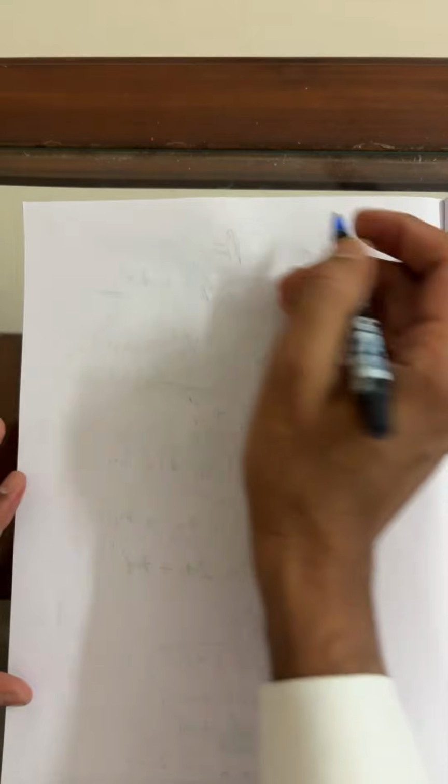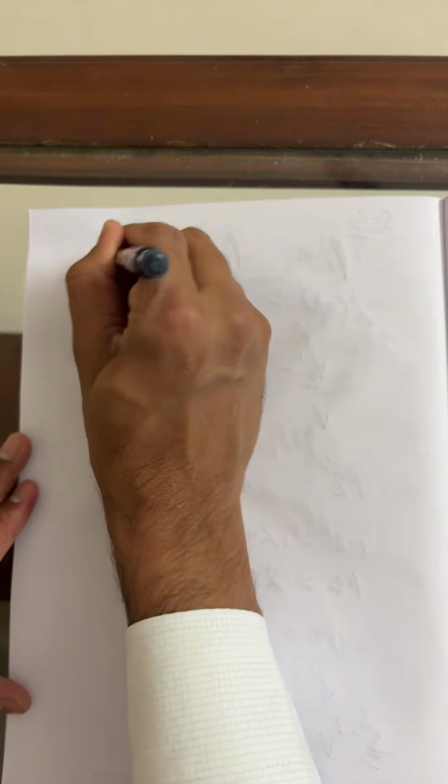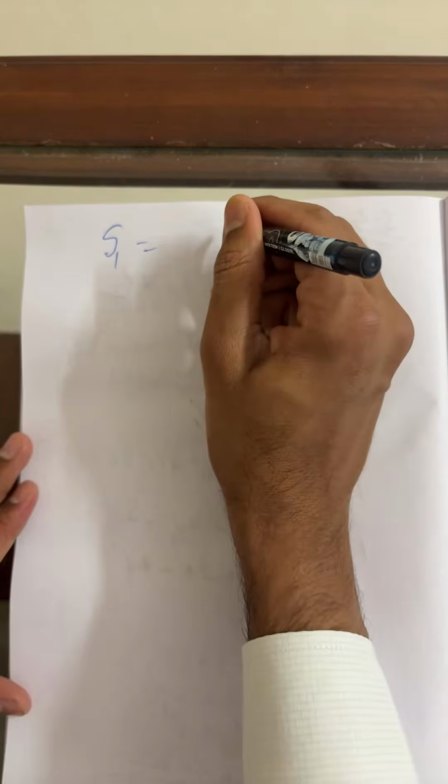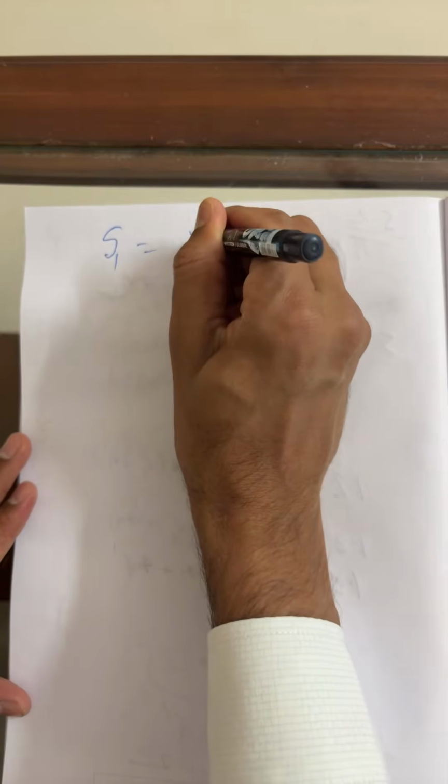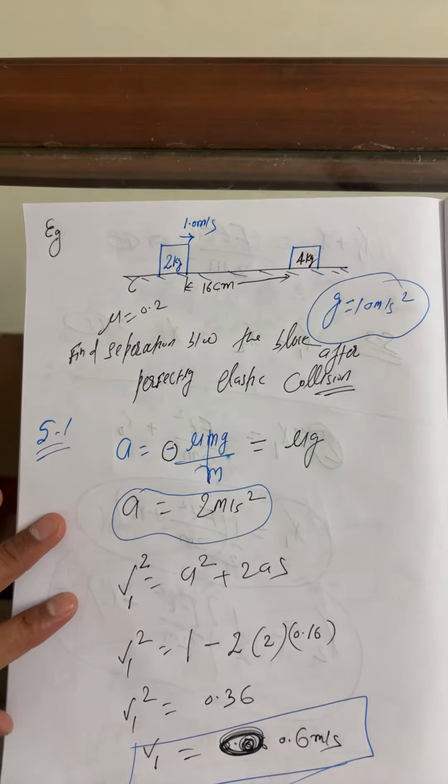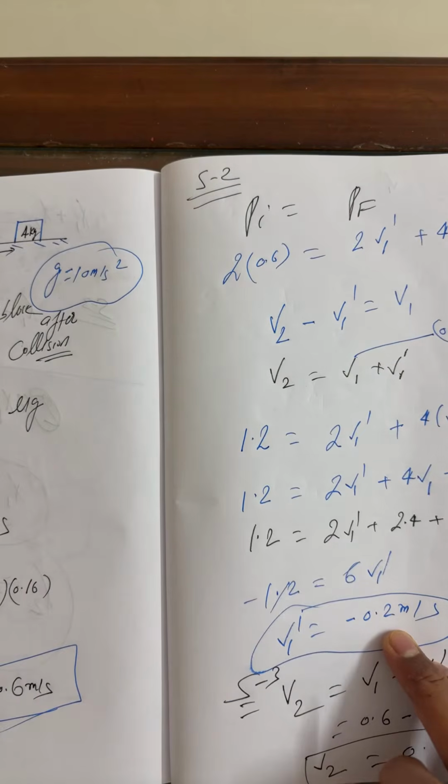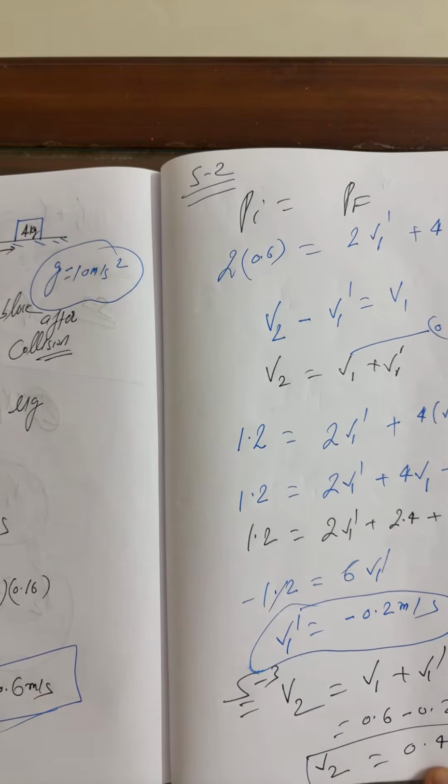So how can I find the displacement? Simple. S1 uses v1 prime, which is 0.2, and v2 is 0.4.